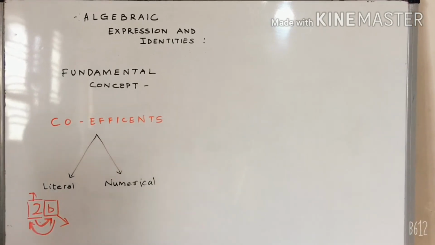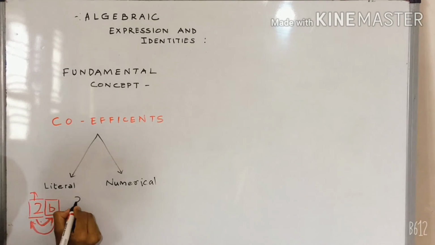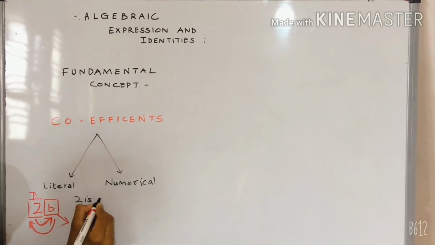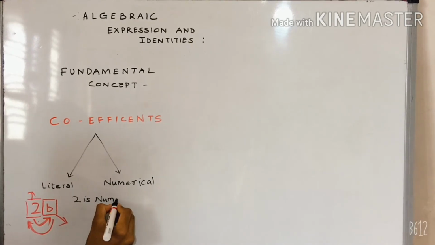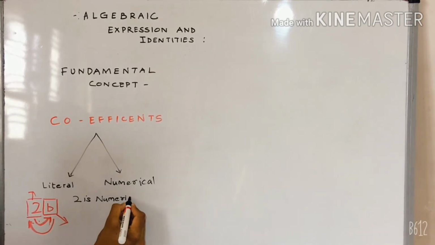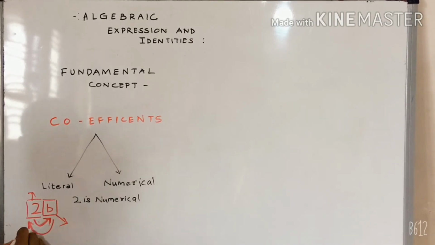So we can state that 2 is the numerical coefficient. We know that 2 comes in the number system and it's of course the numerical coefficient, and b is the literal coefficient.